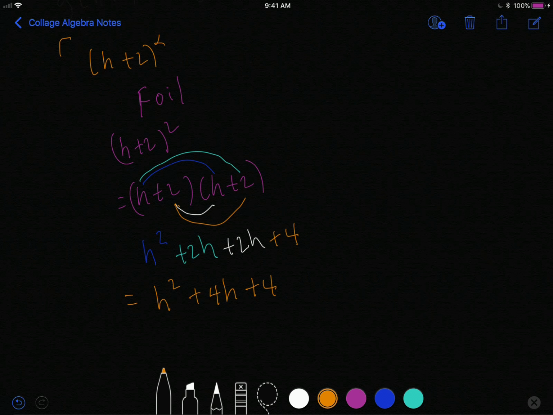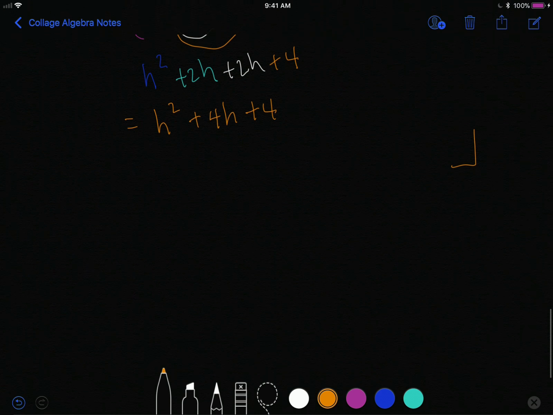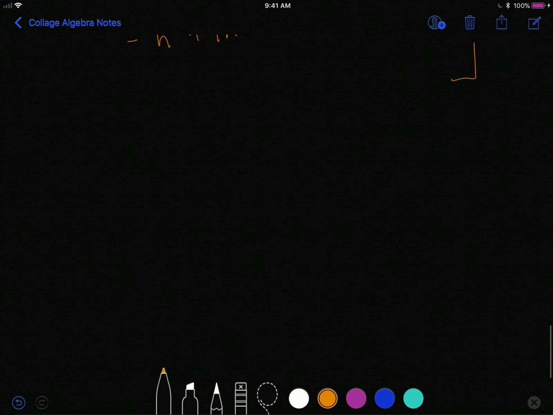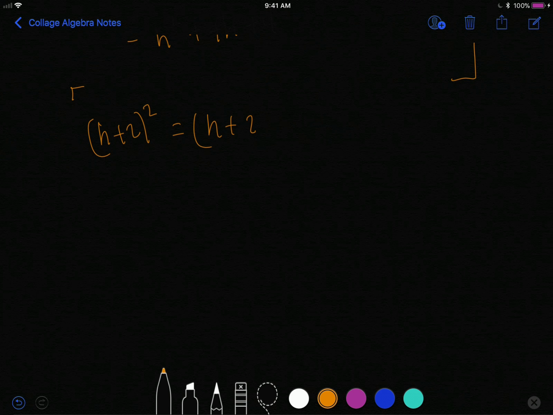Now, if you're like me and have been taught how to FOIL like 500 times and can never remember it, there are other ways of getting to the answer of h plus 2 squared. For example, you can use the back of the old notebook trick. H plus 2 squared is equal to h plus 2 times h plus 2.